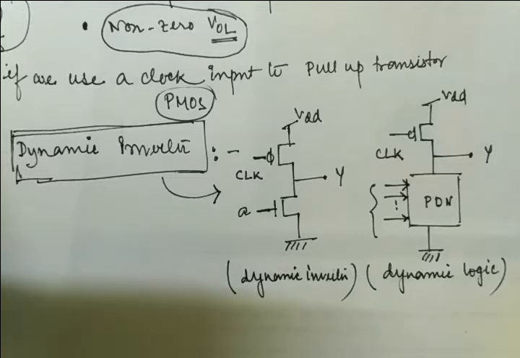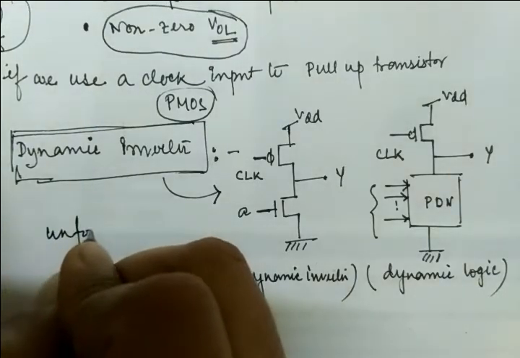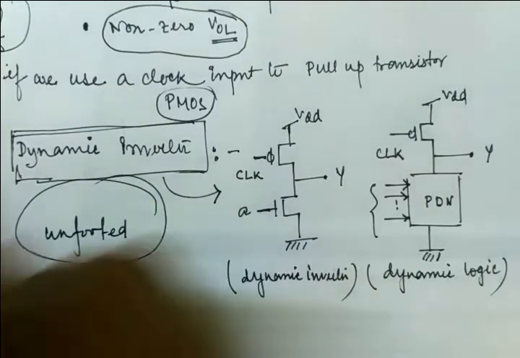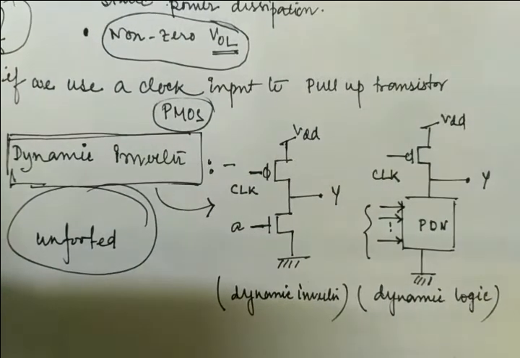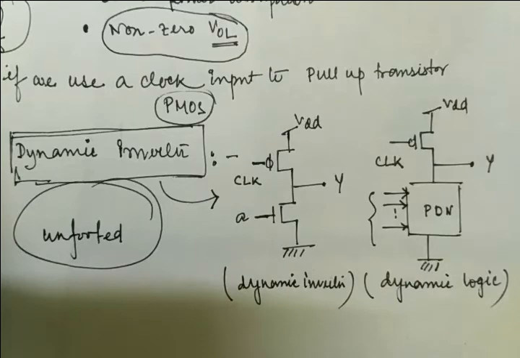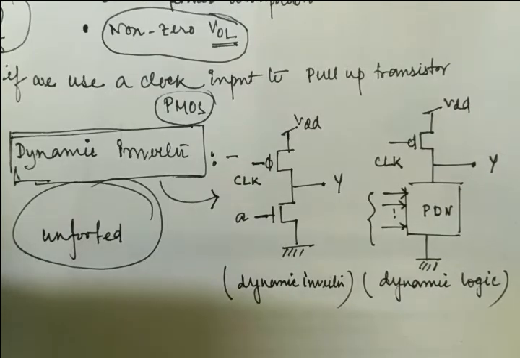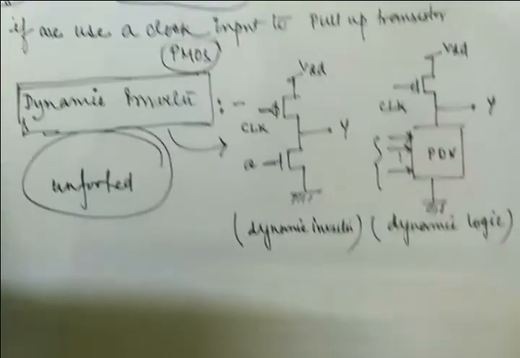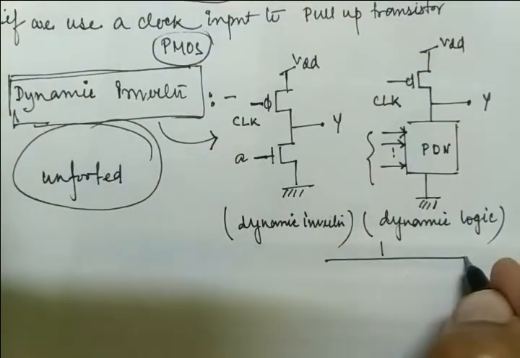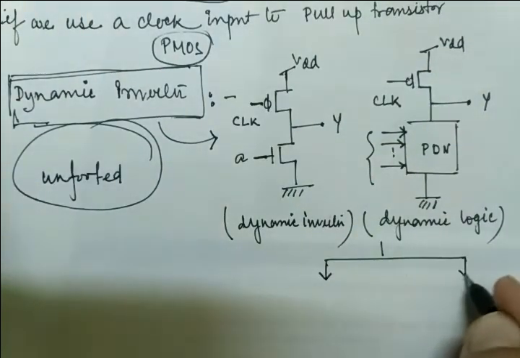Now come to the point of how it is known as the dynamic logic circuit, and I must say that all are unfooted. Why it is called unfooted, I will clarify in the later section, after discussing this. Okay. Now this dynamic circuit operation is based on two modes.